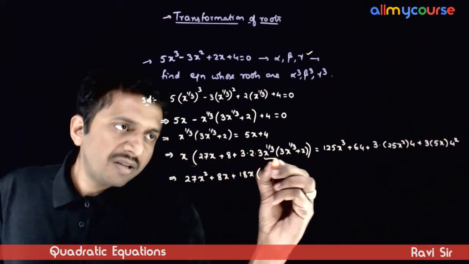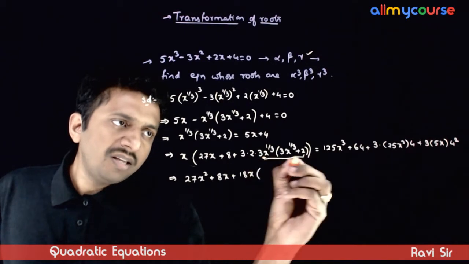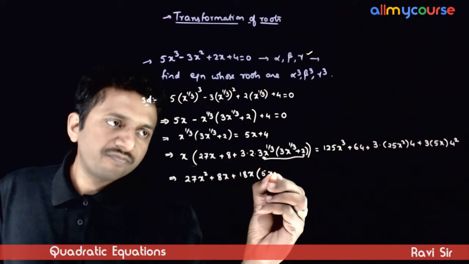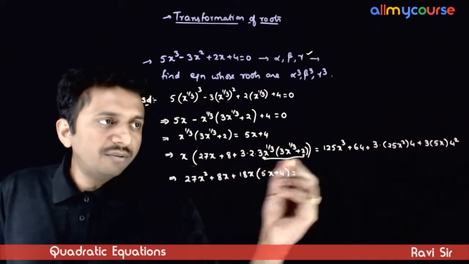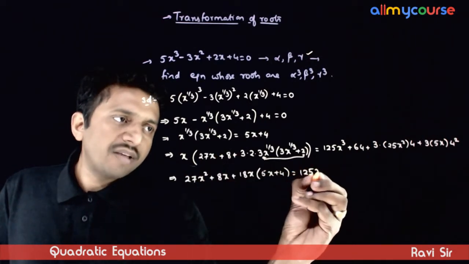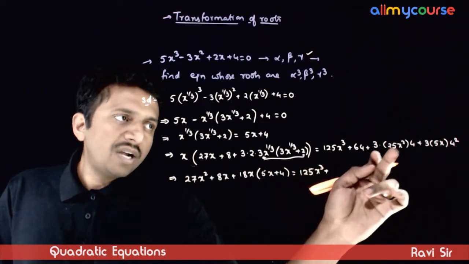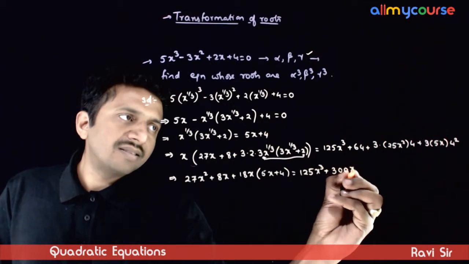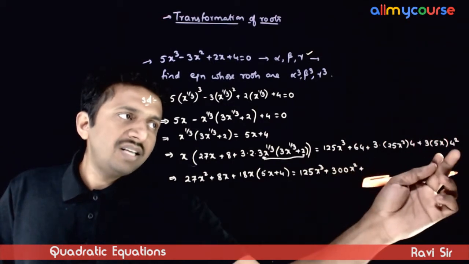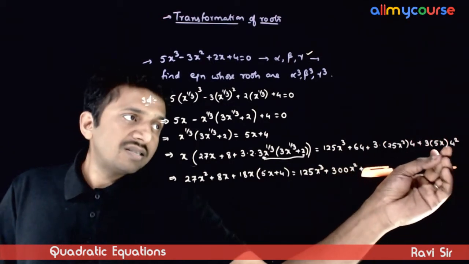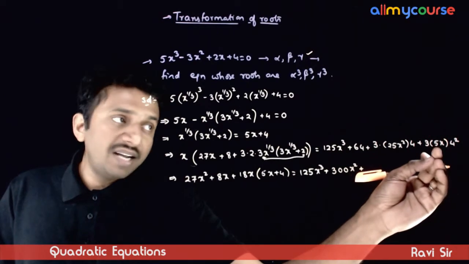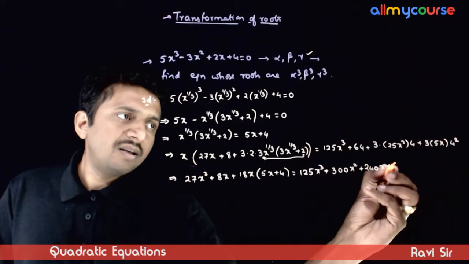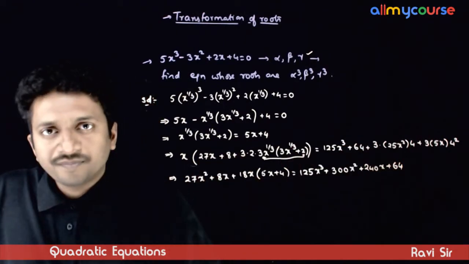So this term can be replaced by 5x + 4, equal to 125x³ + 25 into 4 is 100, into 3 is 300x², plus 16 into 5 is 80, into 3 is 240x, plus 64.